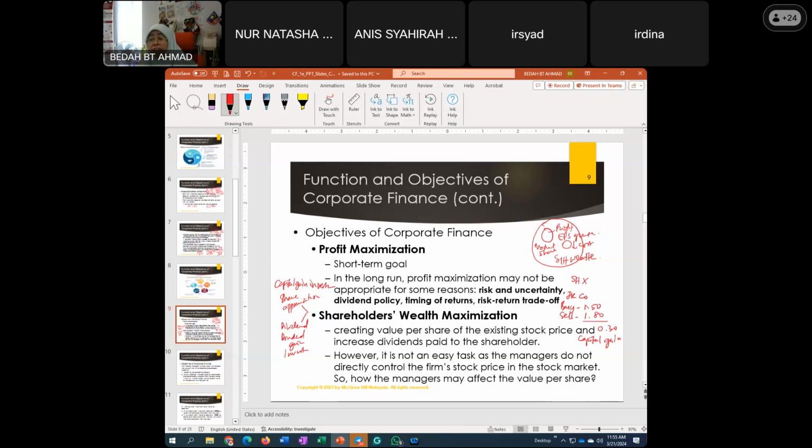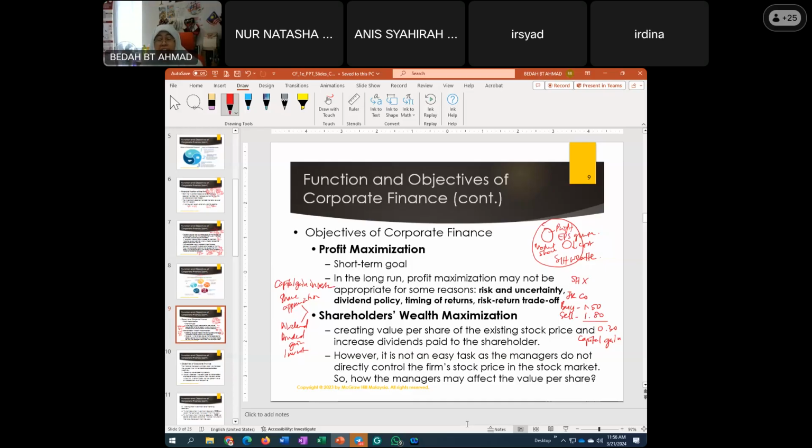If the managers make good decisions, and those decisions bring good earnings to the business, that sends a positive signal to the investors, who may be influenced to buy the shares, and ultimately the price of the stock will be higher.